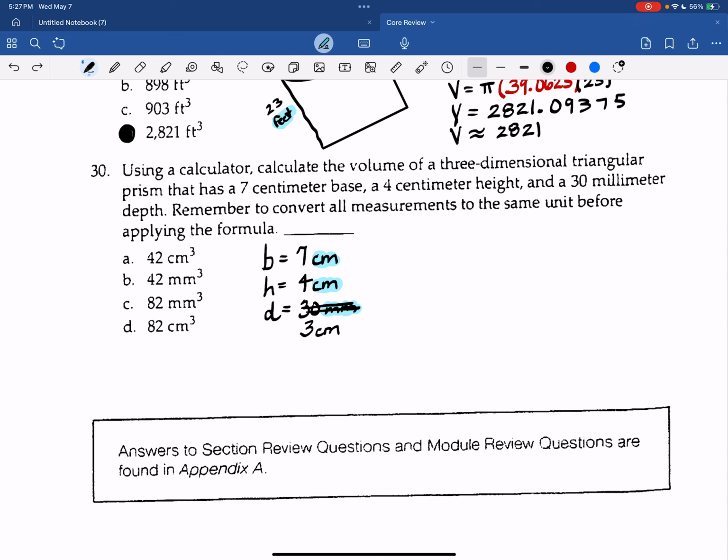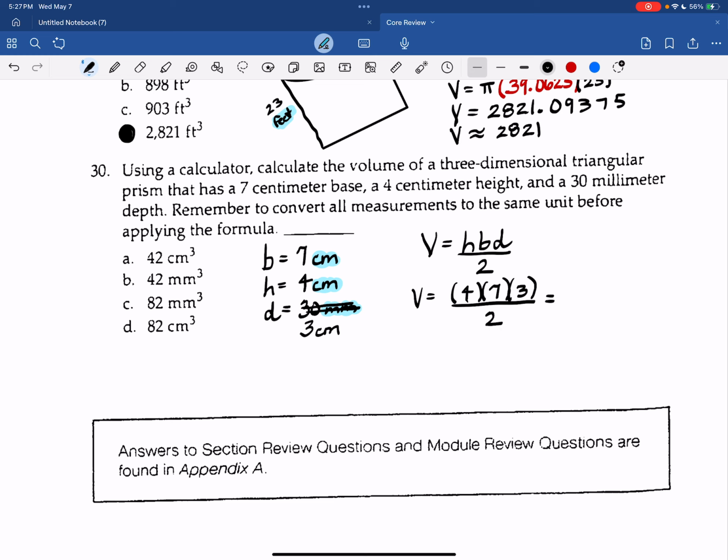Then the formula that I'm familiar with is height, base, and depth over 2. So volume is height, base, height is 4, base is 7, and depth is 3. And all of that sits over 2.